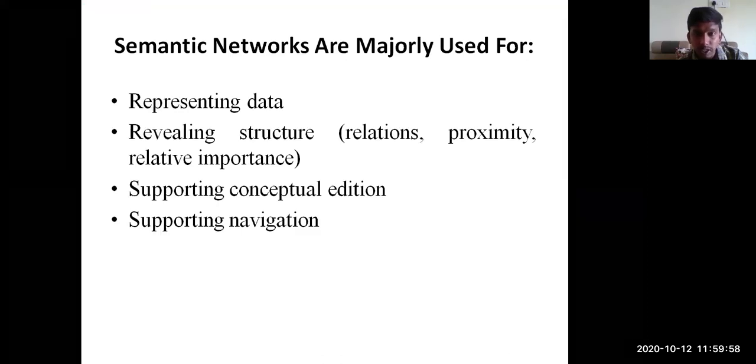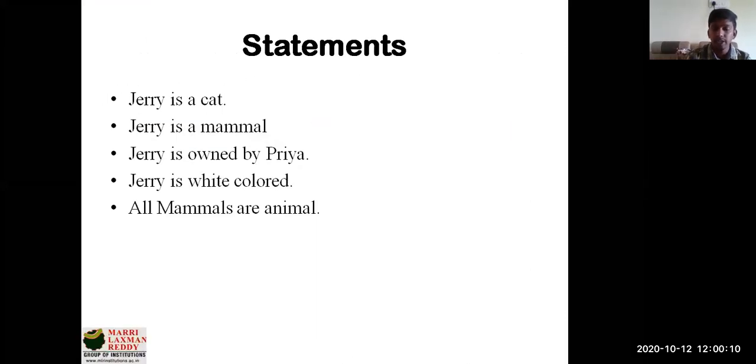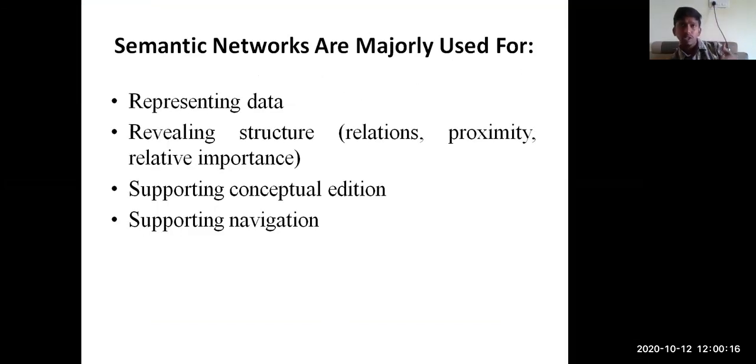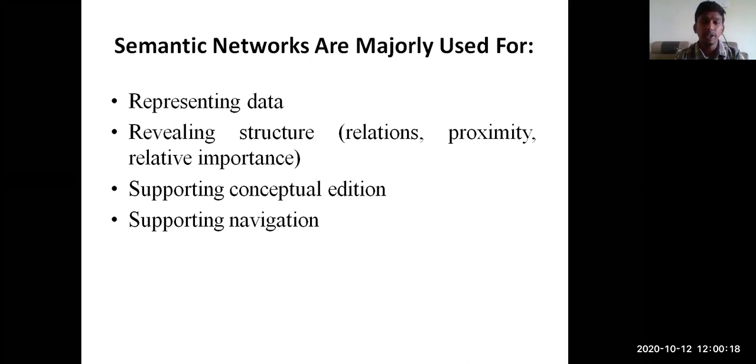Now let's try to see where actually we are going to use semantic networks. What are the applications? So we basically use semantic networks for representing some data. As you can see here, some data is being represented using a network for proper understanding. We also use it for revealing structure like relations, proximity, and relative importance with respect to network representation.